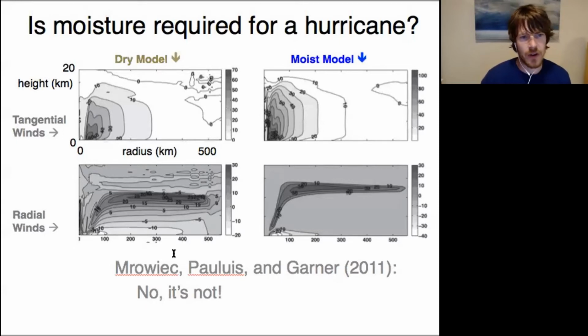So the authors, Aga Mrowiec, Olivier Pauluis, and Steve Garner, found that you could readily get a dry storm in an axisymmetric atmospheric model. So shown in the left-hand column here are the vortex that forms in a dry model, and in the right-hand column, a vortex that forms in a moist model. And the top panels are showing the tangential or swirling winds, and the bottom panels are showing the radial or inward-outward winds.